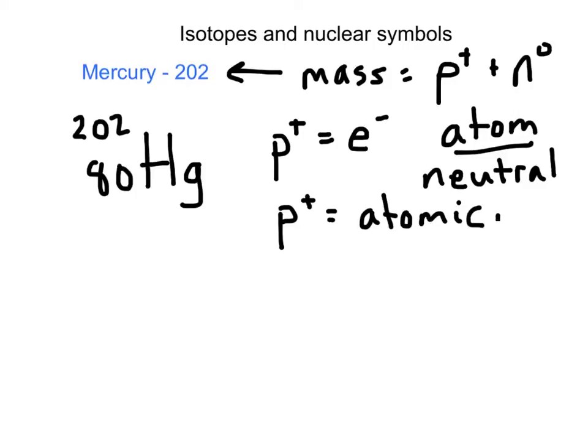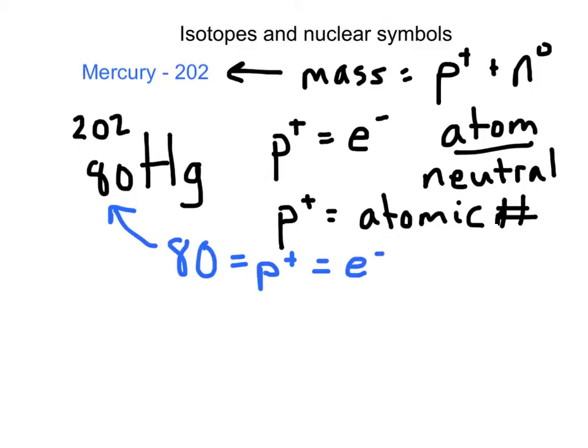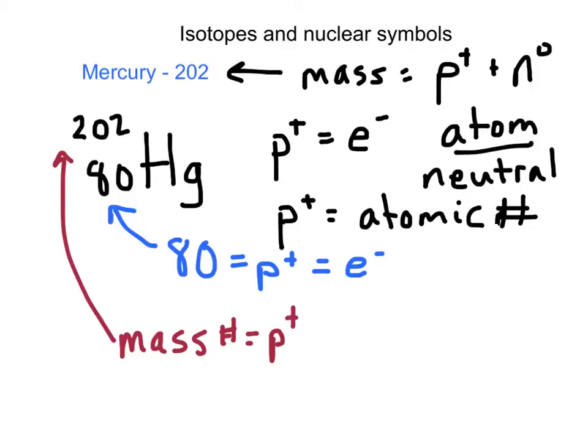So here we have 80, and that is the atomic number, and so that's equal to the number of protons and equal to the number of electrons. Now, the 202 is the mass number, and the mass number is, again, the protons plus the neutrons.